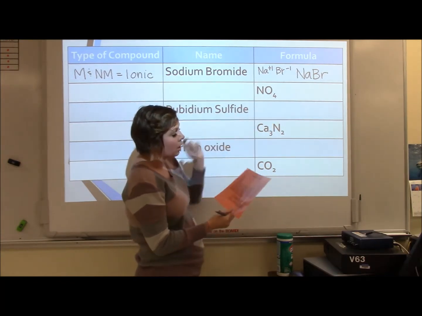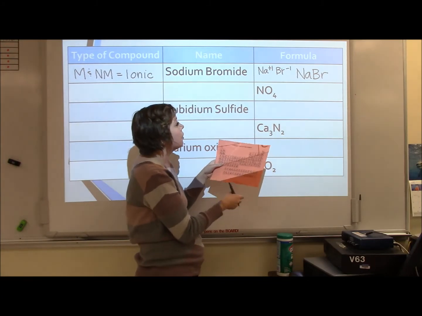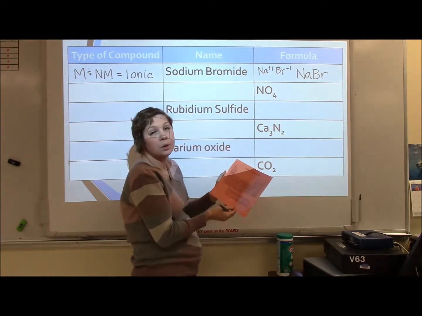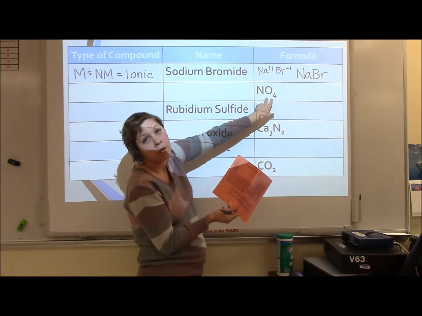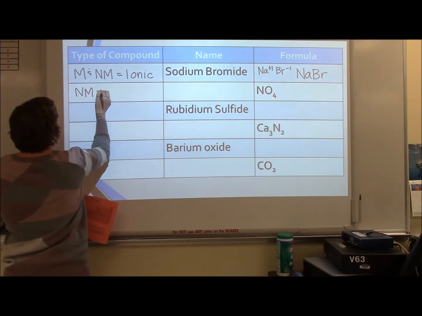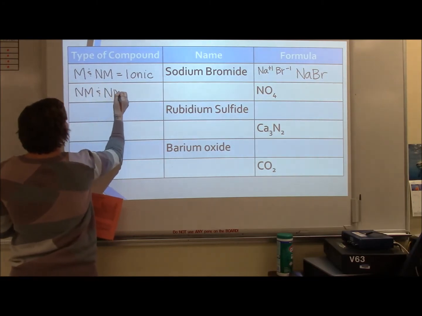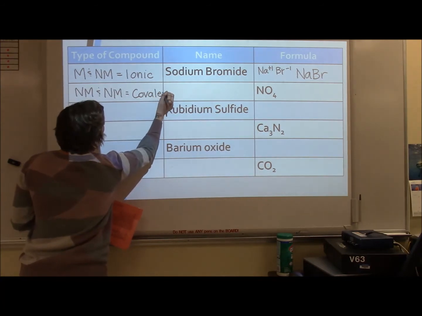If I look on my periodic table, it's nitrogen. It's on the right-hand side of the periodic table. Oxygen, also a nonmetal, on the right-hand side. So I have two nonmetals here. Okay, so if I have two nonmetals, that's going to be a covalent compound.